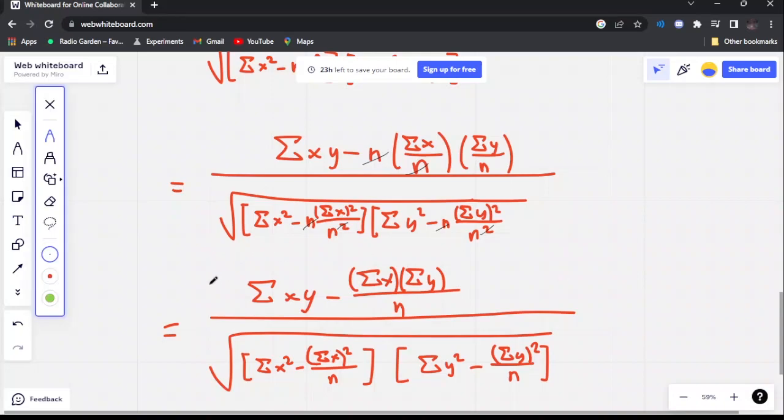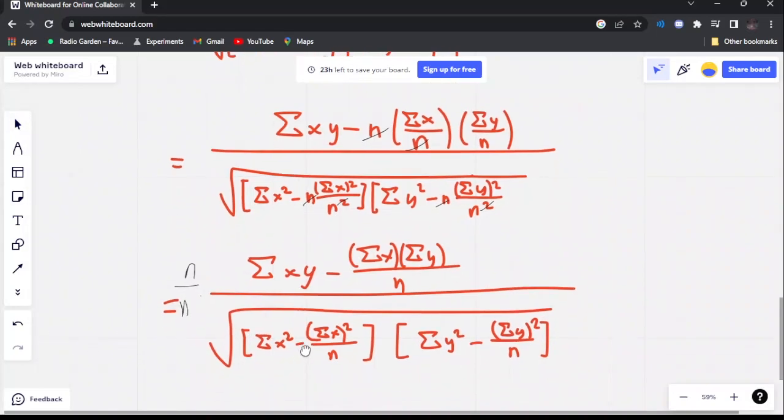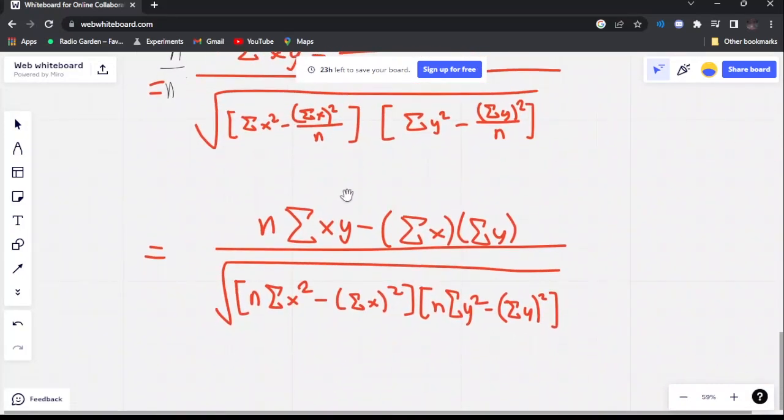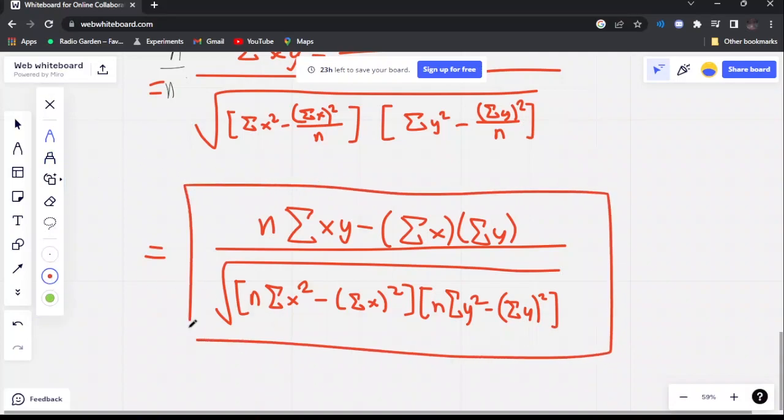So it would still be the same if we multiply both of them by n. So it would now look like this. Seems familiar, right? This would now be our formula of the correlation, the Pearson product moment correlation formula.